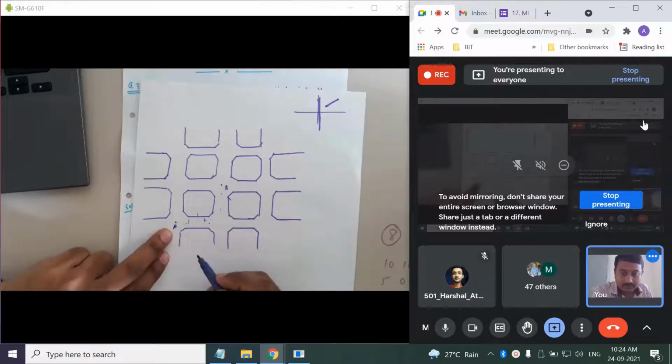In a city you cannot go over the building, you have to go by a road. That's why this distance is known as city block distance.